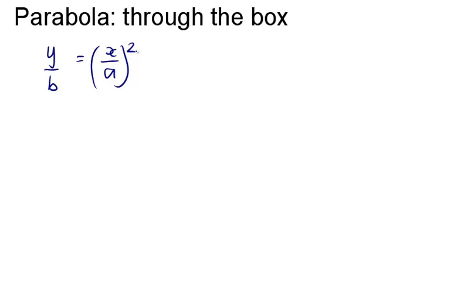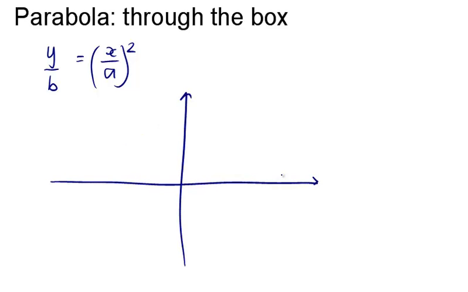It's just that one of them isn't squared. So we're going to do the same trick as we did last time. Let's mark the points A and minus A on the x-axis and B and minus B on the y-axis and draw a box.